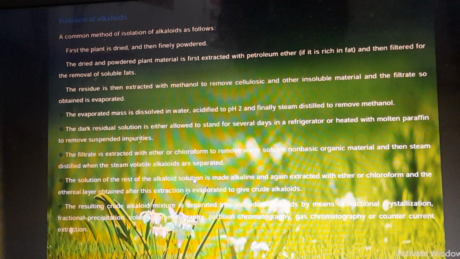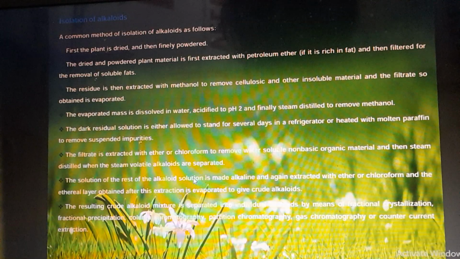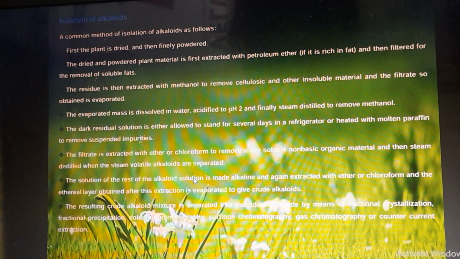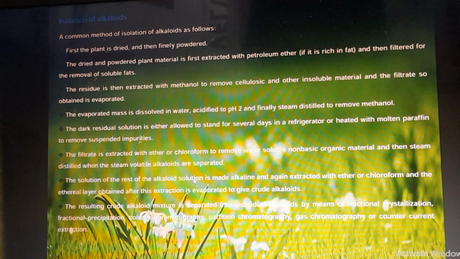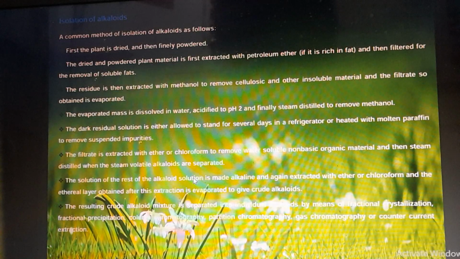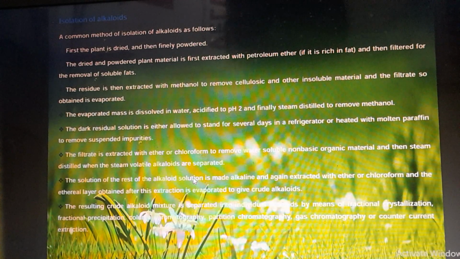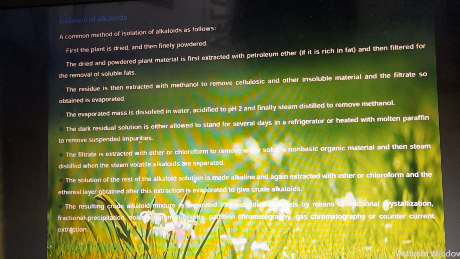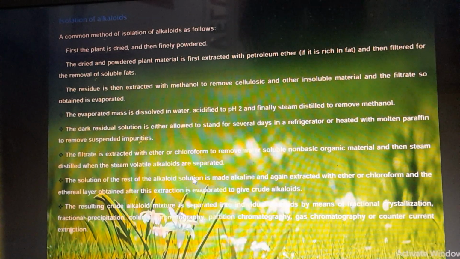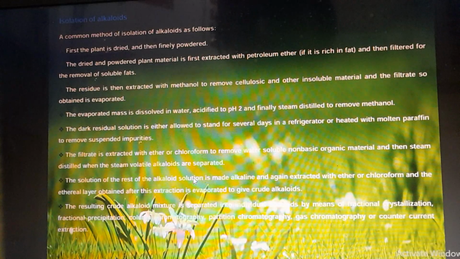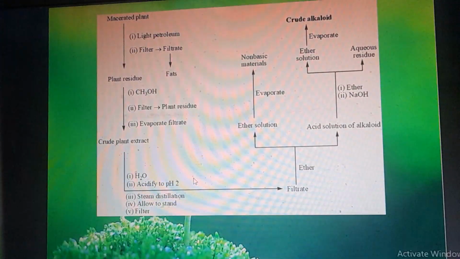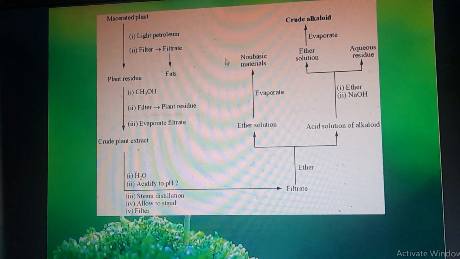The resulting crude alkaloid mixture is separated individually by means of fractional crystallization, fractional precipitation, column chromatography, partition chromatography, Craig chromatography, or counter current extraction. We will move forward.